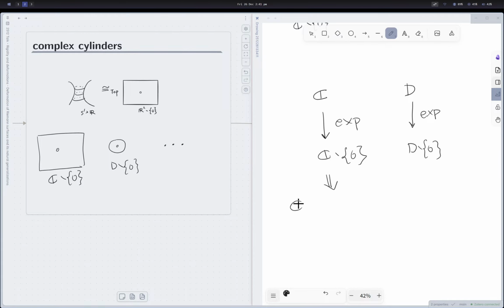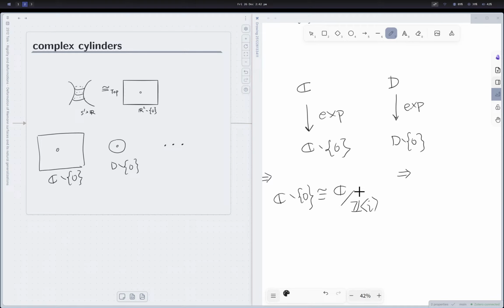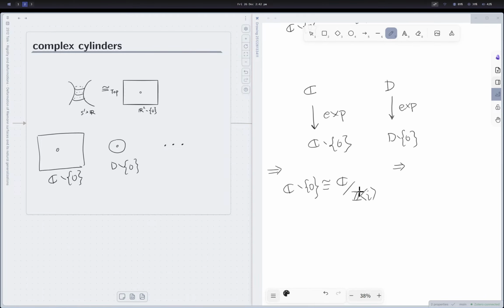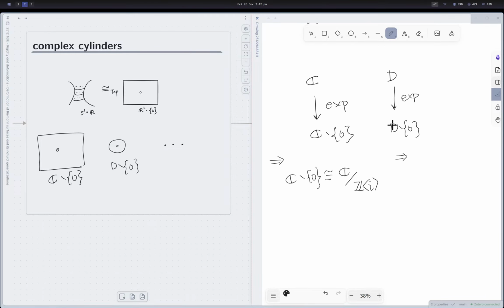This shows that C minus 0 is isomorphic to C quotient Zi. And this implies d going to exponential of d, minus 0.